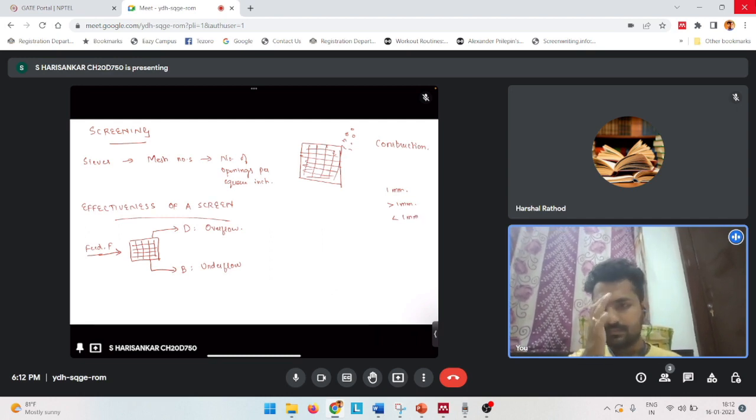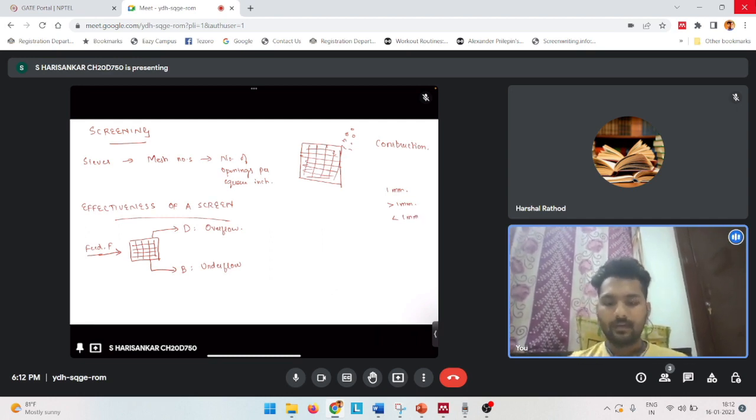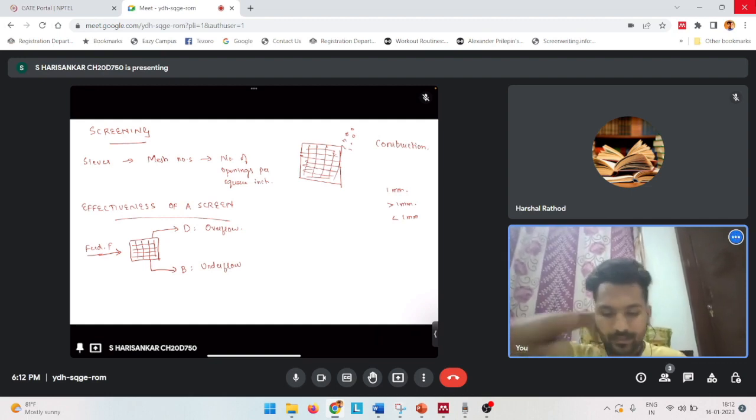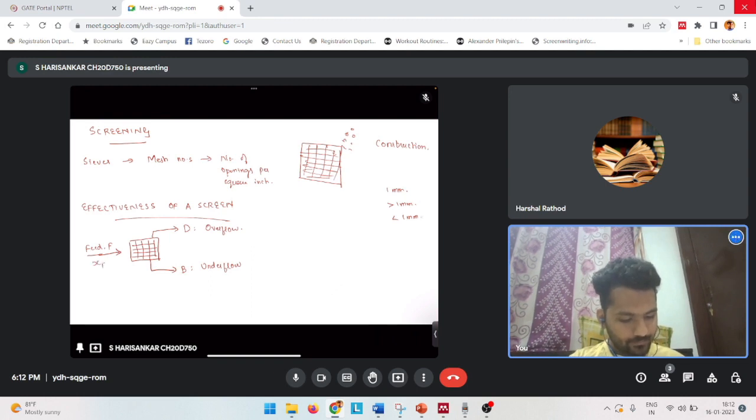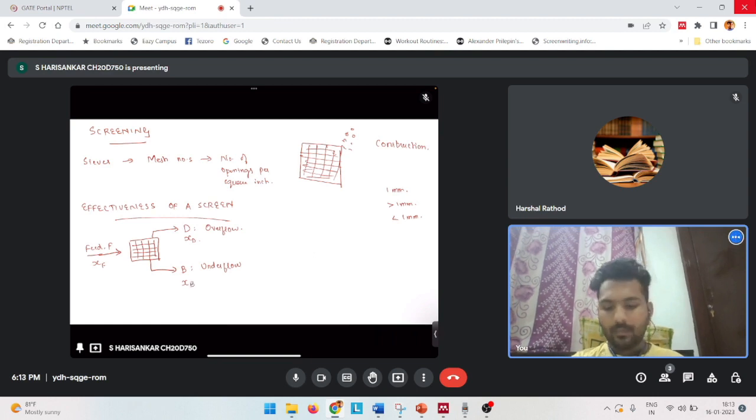So this is the feed F, and we have the overflow and the underflow D and B respectively. Let us say XF is the mass fraction of feed, XD is the mass fraction of the overflow, and XB be the mass fraction of the underflow.